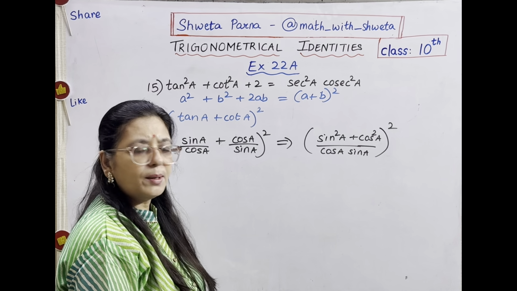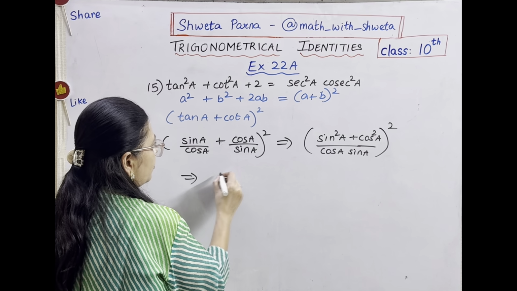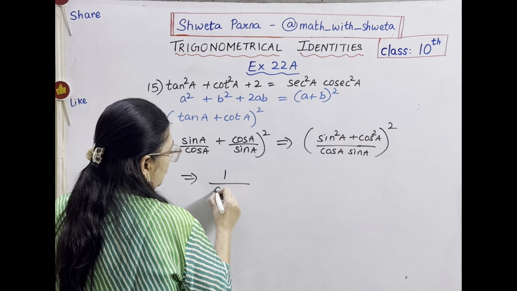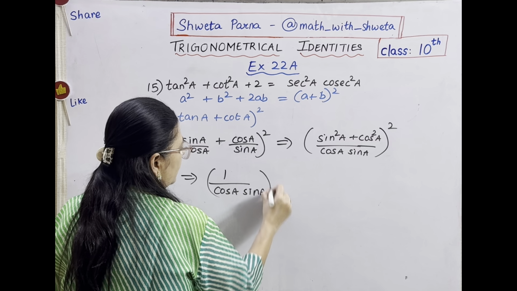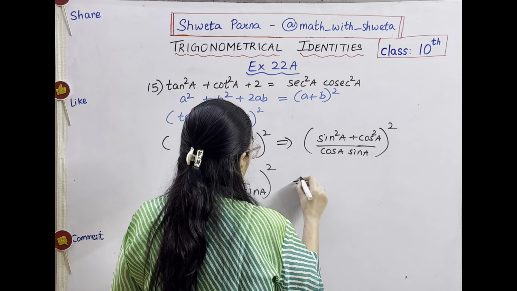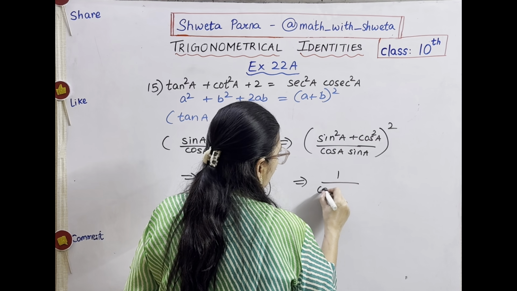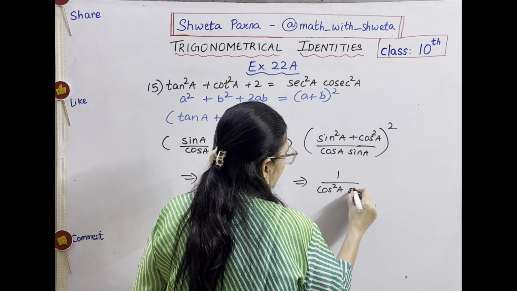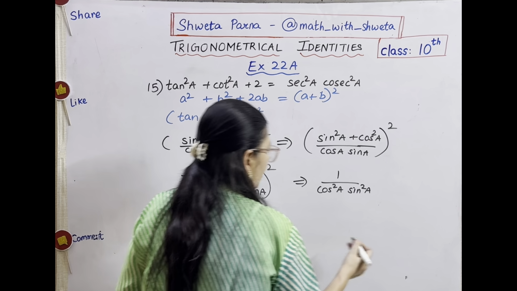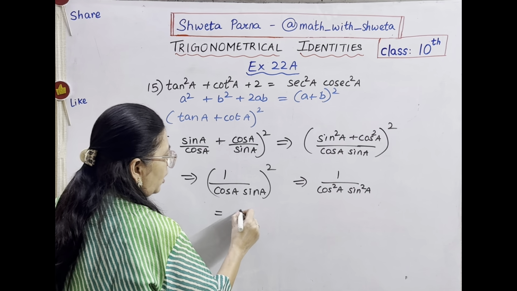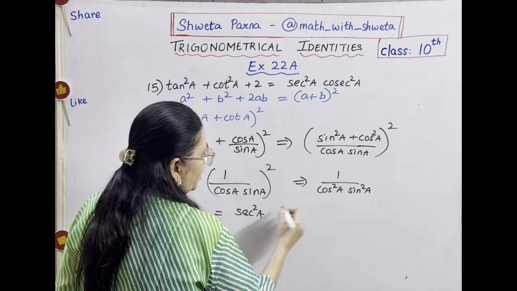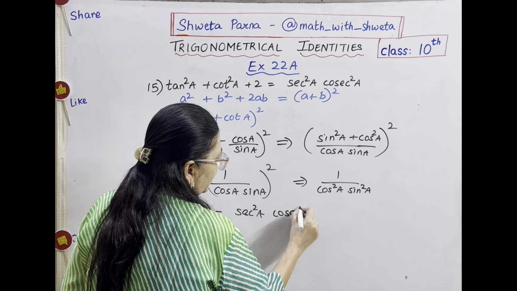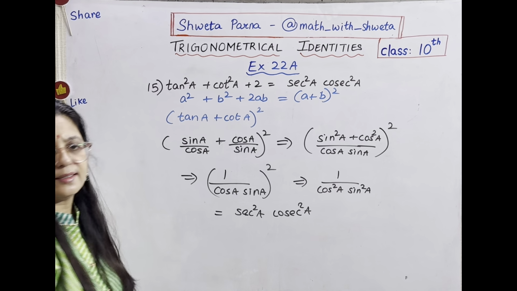What is sin square A plus cos square A? It is 1. So 1 upon cos A into sin A the whole square, which is equal to 1 upon cos square A into sin square A. 1 upon cos square A is what? Sec square A. 1 upon sin square A is what? Cosec square A. So we got the right hand side.